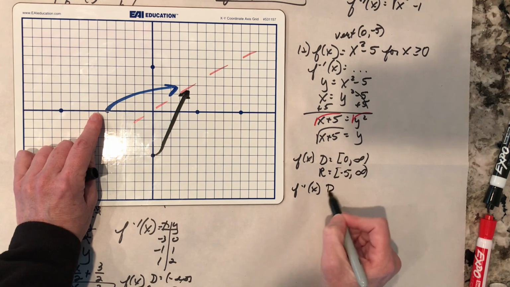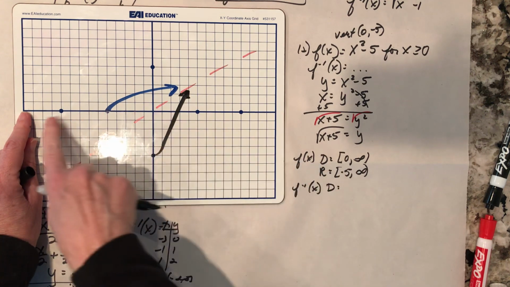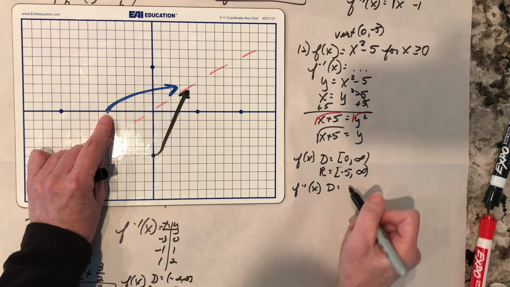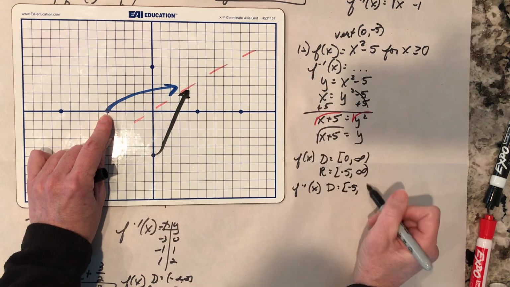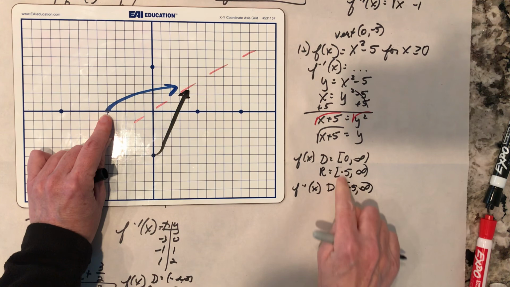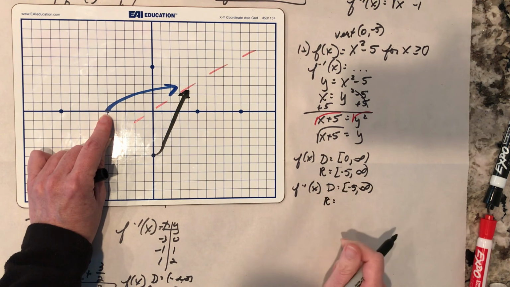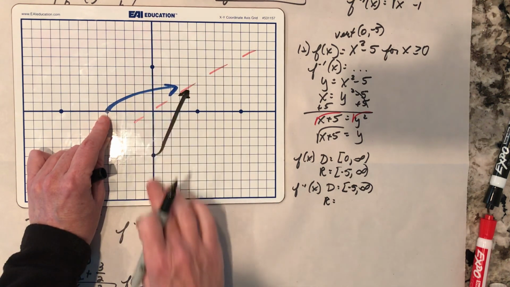If we're working on domain of the blue, domain is what are we using up on the x-axis? Nothing back here. It starts using up x-axis at -5. And this blue arc goes all the way to infinity. And sure enough, the domain of one matches the range of the other. Now when we work on range of this guy, think about putting this blue line onto the thermometer.